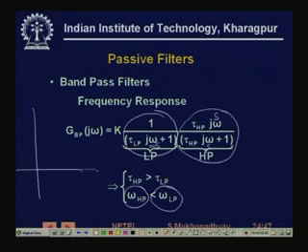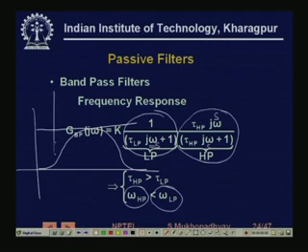If you see on the frequency axis, the cutoff frequency of the low pass is like this, and this is for the high pass, and this is lower than the cutoff frequency of the low pass. So when you multiply them, around here the gain is 0. Why? Because the high pass gain is 0, they are in series.